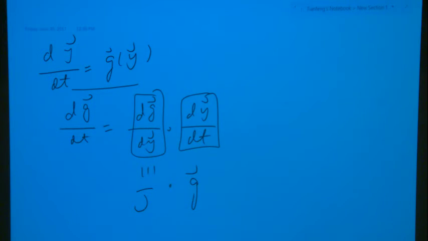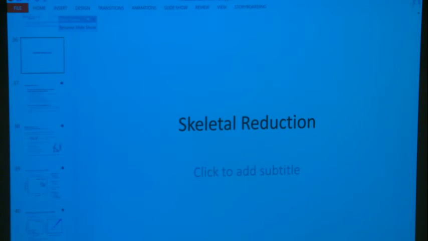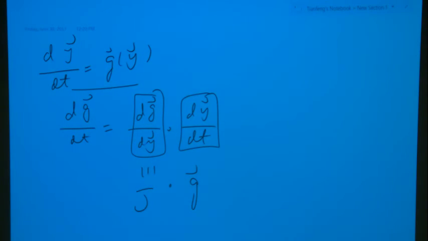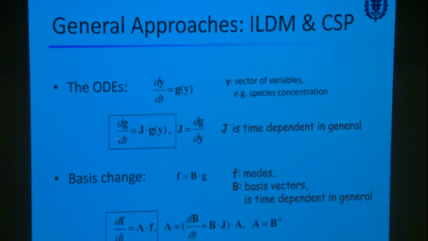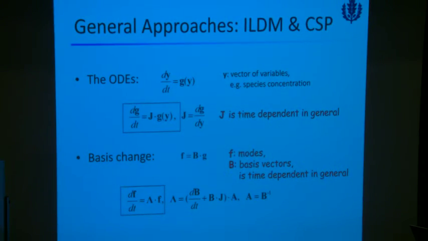Okay, so the importance of doing this is to get the Jacobian involved. Once you have the Jacobian involved, you can start to decouple different reactions. So what we can do next is, let's bring this back. Oh, here. Once you have the Jacobian involved, this equation all of you are very familiar with, right?